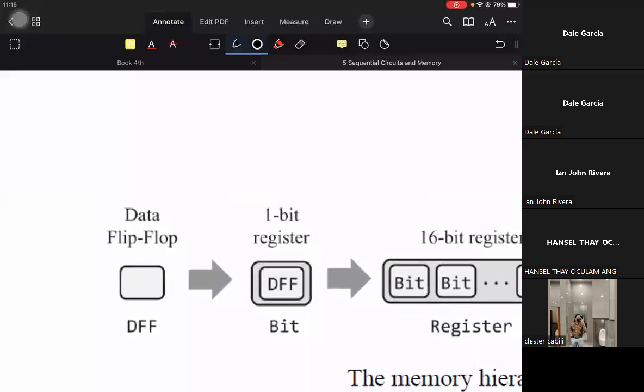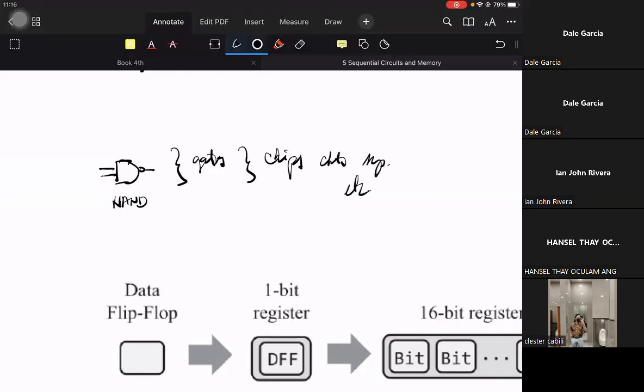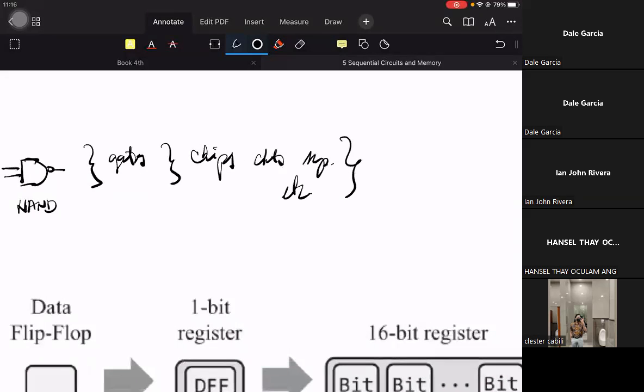In the same way that our pedagogy, or our way of learning, is that we basically just have our NAND gate, which we use to build different kinds of gates, which we use to build different kinds of chips and circuits and systems, and it all went up when we built our ALU.